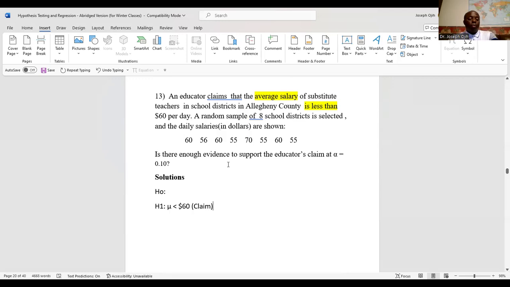The null hypothesis is the opposite, that the mean is greater than $60 per day. But we cannot use just greater than in that place; you can only use greater than or equal to. So: mean is greater than or equal to $60.